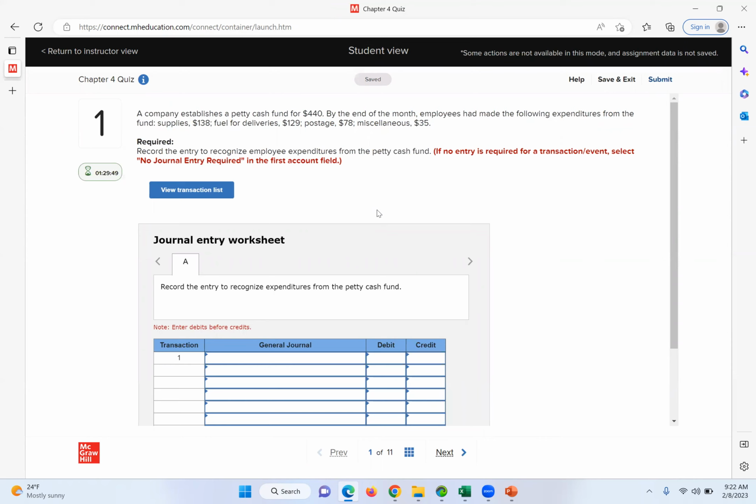By the end of the month, employees have made the following expenditures from the fund: supplies, fuel, postage, miscellaneous. Record the entry to recognize employee expenditures from the petty cash fund. Pretty simple. Next one.